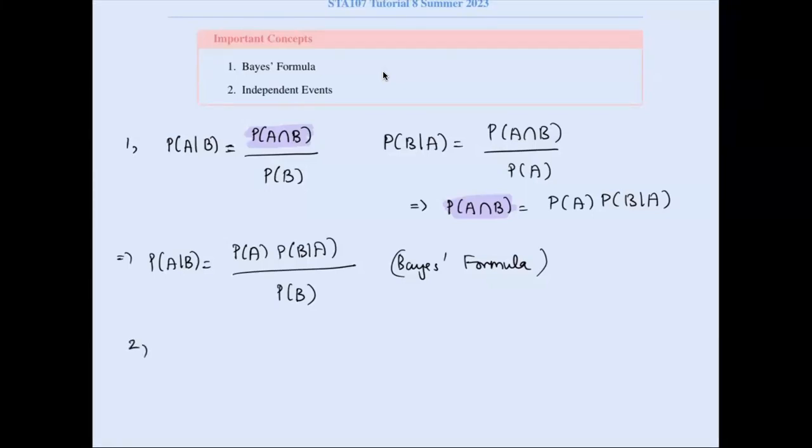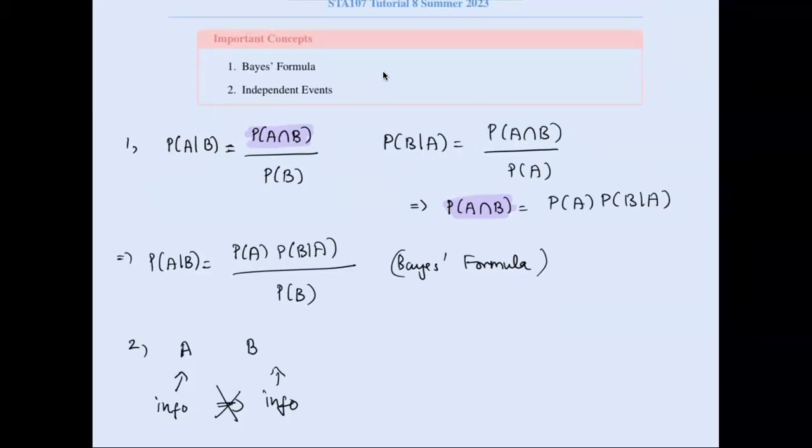Next one, we talk about independent events. We say that event A and event B are independent if you know some information about A does not tell you any information about B. This concept is often being mistaken with mutually exclusive, but they are not the same concept. They are very different.